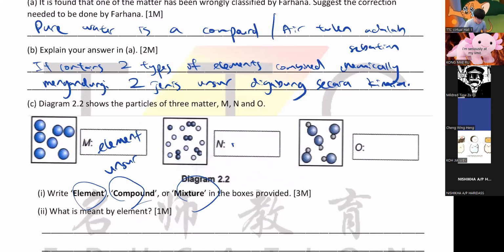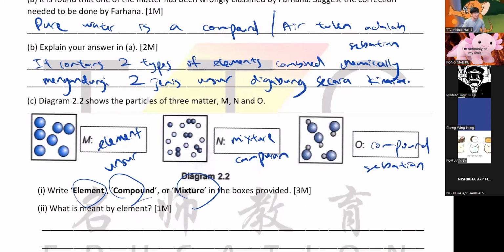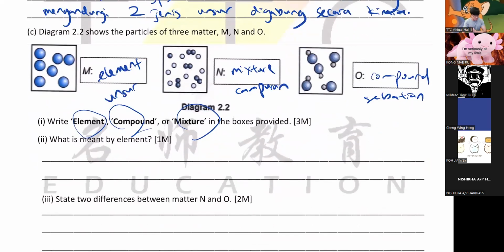No. So this is a mixture. Campuran. And then for O, you see the small and the big circle, the big and the small ball have a connection. They are stuck together. So this is a compound. Sebatian. Easy peasy. You should be able to tell.